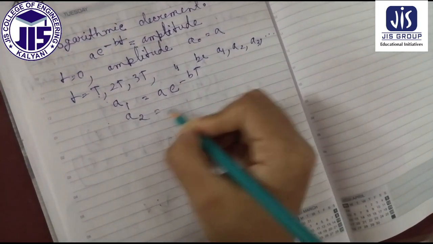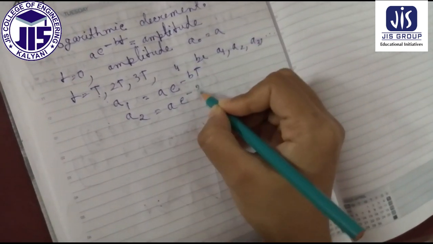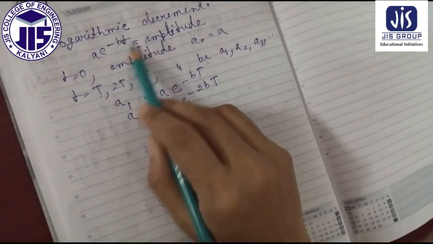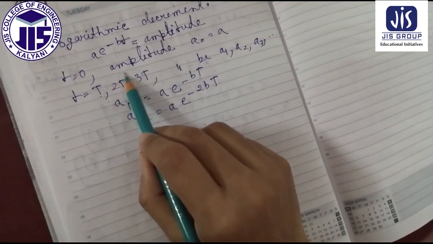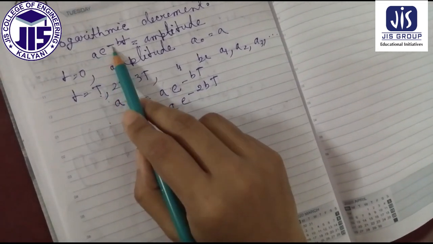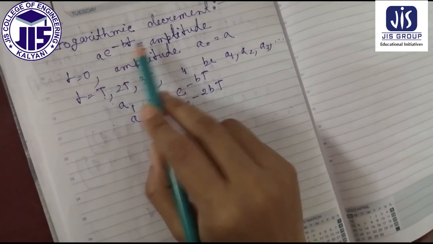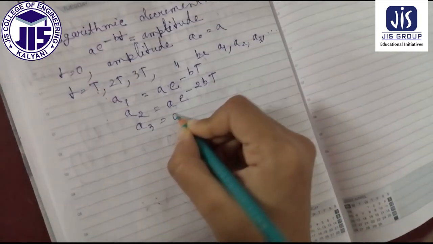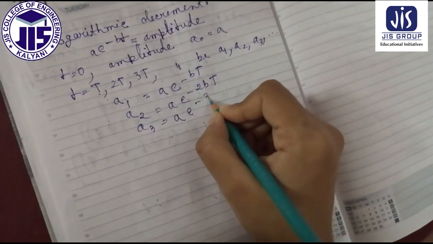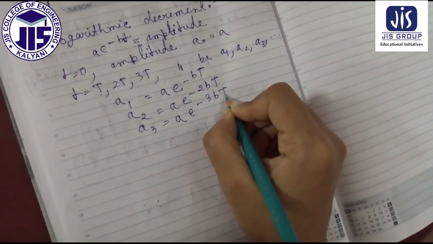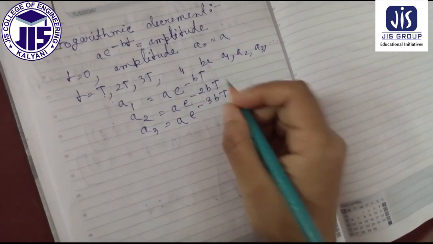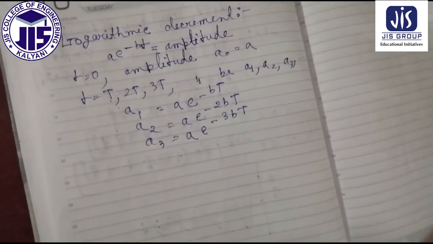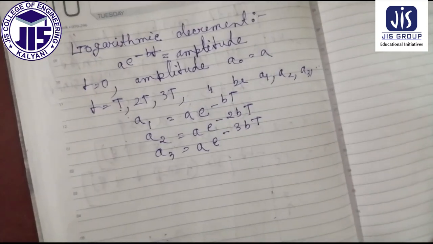Now a2 equal to a e to the power minus 2bT, because instead of small t here we can put 2T. Then a3 equal to a e to the power minus 3bT, and so on. Now why are we doing this calculation?